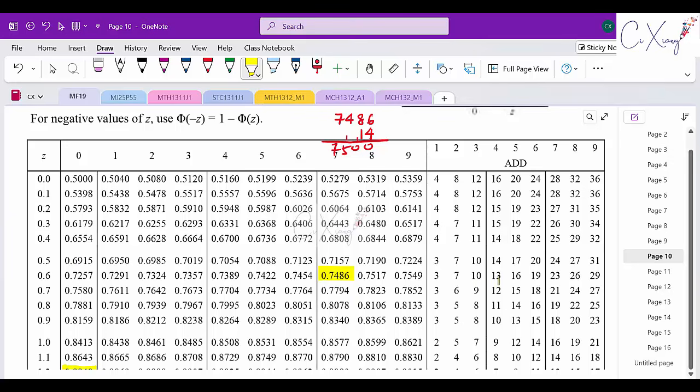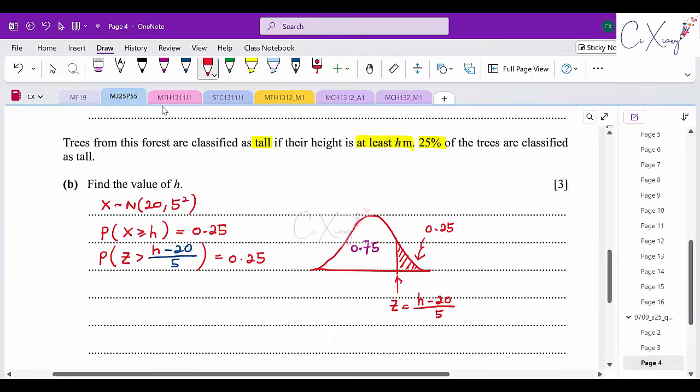There's no 14 here, right? So if there's no 14, you just choose a value that's closest to it. 13 is the closest to 14. Therefore, if I read out the value, it should be 0.67, then 4.